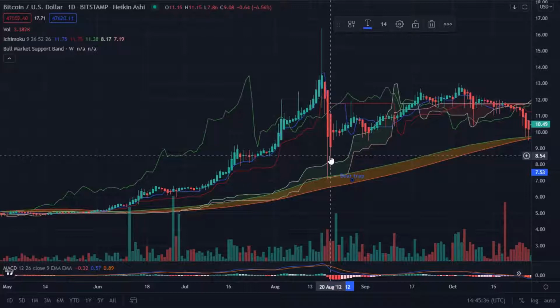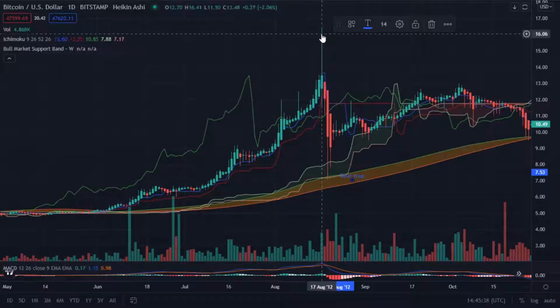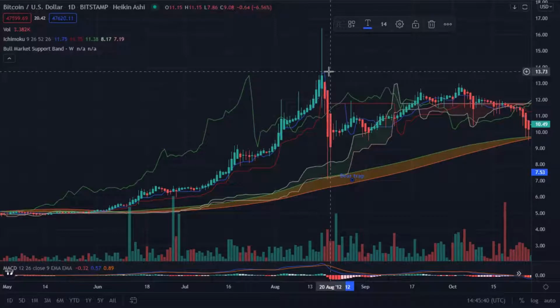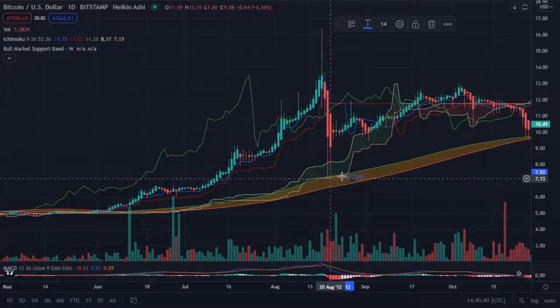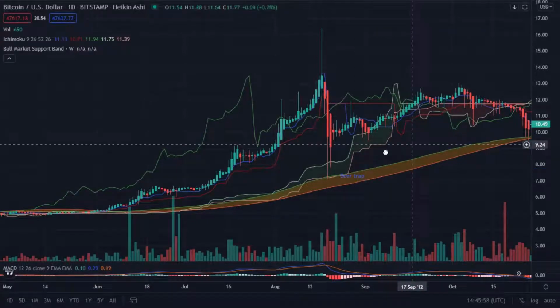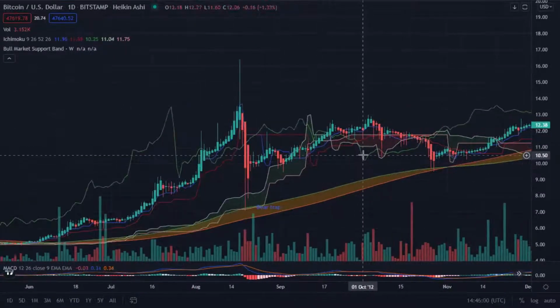We need bear traps. So price went straight up, and the whales sold their coins to other people and then let the market crash. They bought back at the bull market support band. They would have probably placed their orders there before price even arrived. Then we came down, tested the support again.